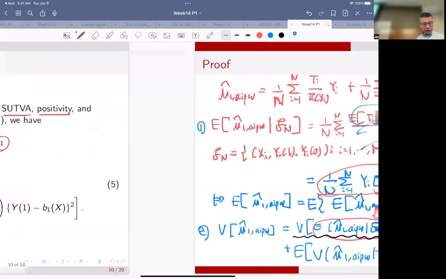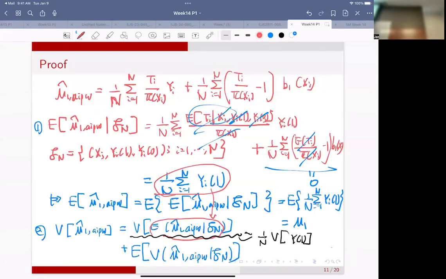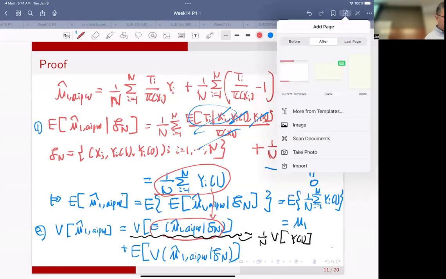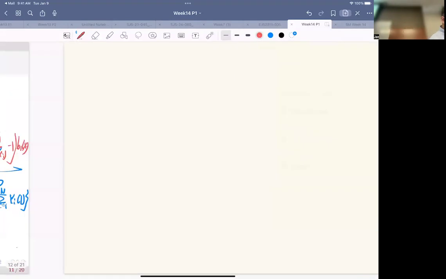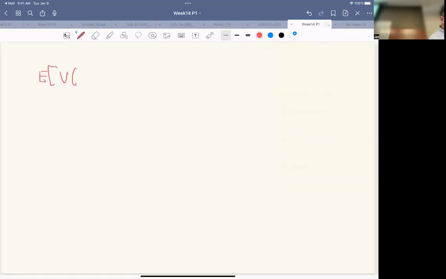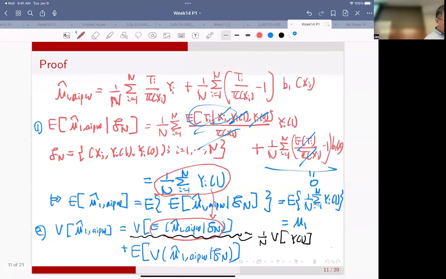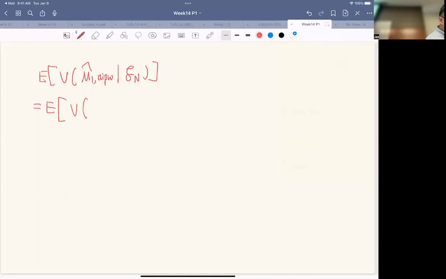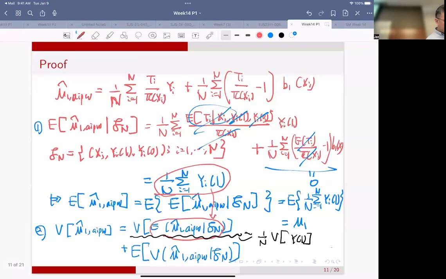Okay, and we want to compute the second term. We need another page. So we want to compute the conditional variance of mu1 AIPW given F, right? The only thing random here is ti, so it is the conditional variance with respect to ti.